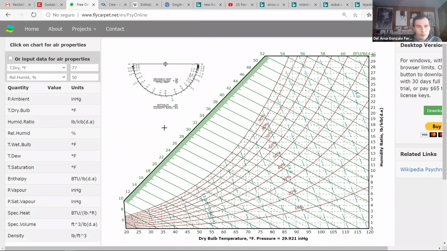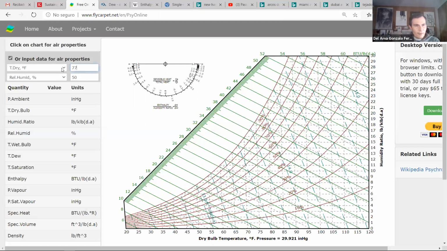And now we can start calculating things. Well, we don't have to make the actual calculations. We just have to take the values from this chart. So you click here, input data for air properties. We have to calculate the wet bulb temperature of the indoor air.